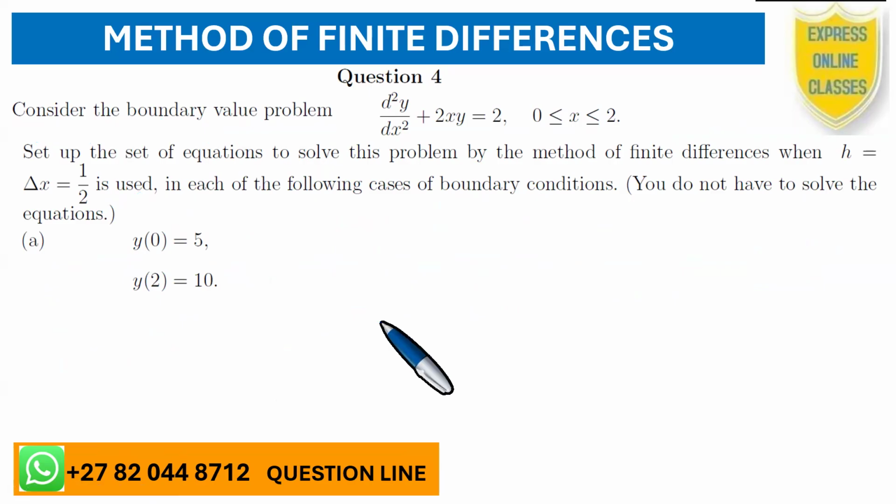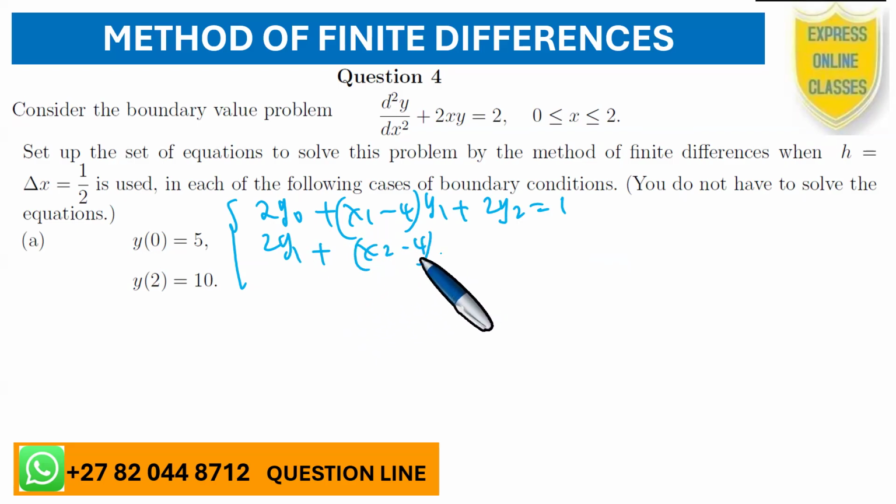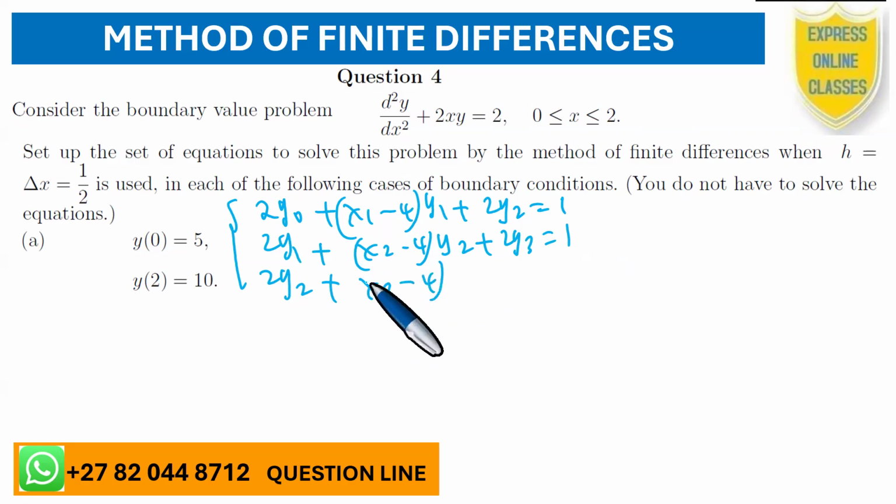I would like us to continue from the previous analysis. We got 2y0 minus 4. 2y2 equals 1. Minus 4, which is actually y2 plus 2y3. Minus 4.